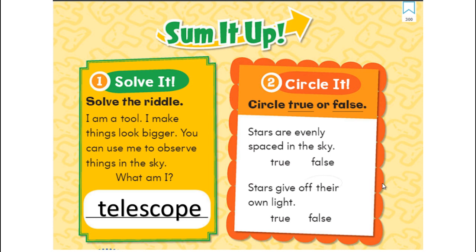So false. Stars are not evenly spaced in the sky. The second sentence. Stars give off their own light. Right, because like the sun is a star. All the stars are shiny in the sky because they can give their own light. True.